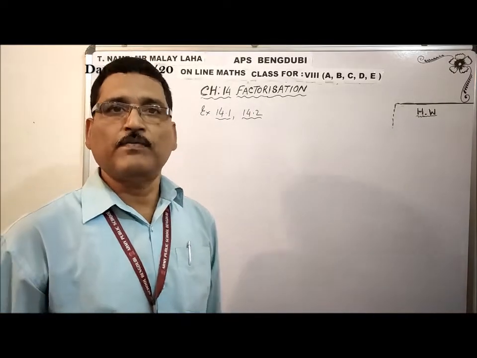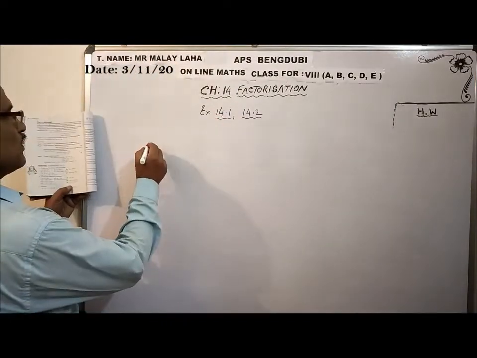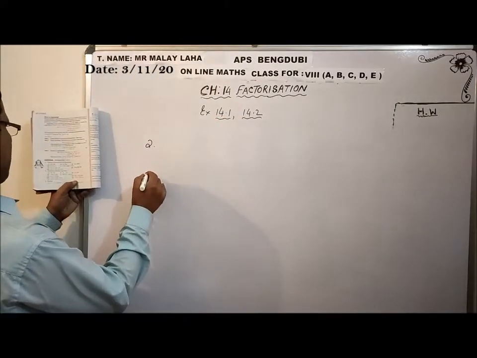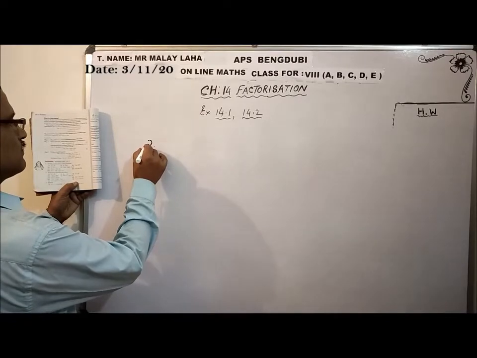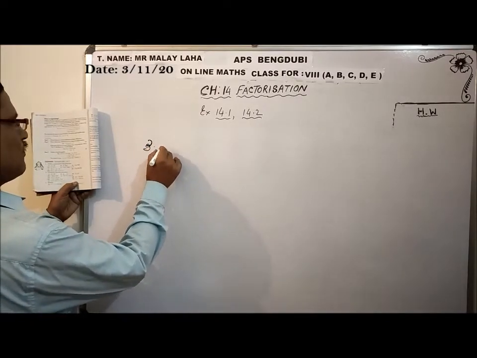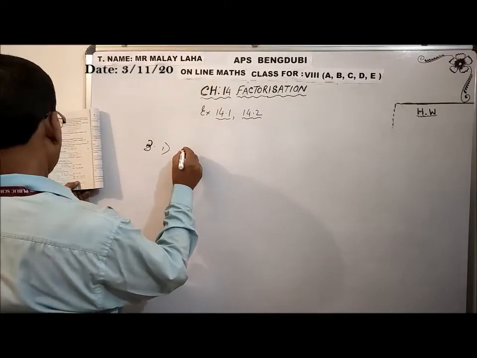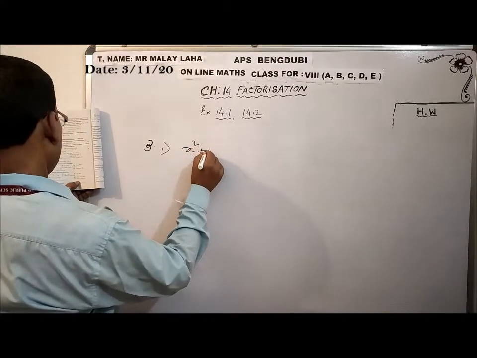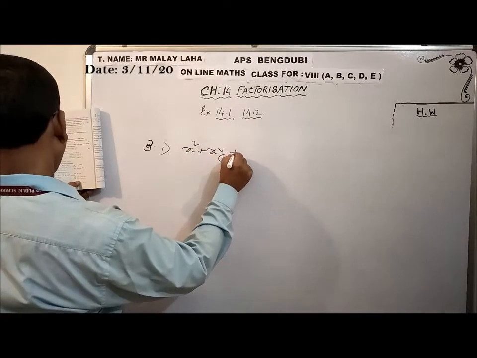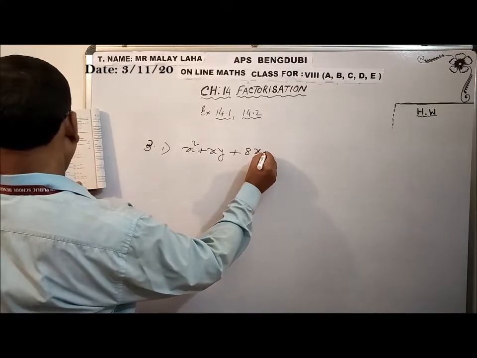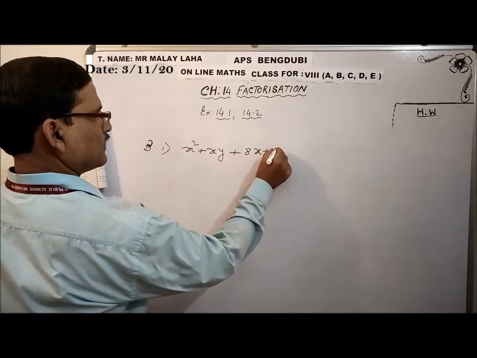I hope that you have understood. Now I will perform in real form how to factorize by regrouping. Question number 1: x square plus xy plus 8x plus 8y.